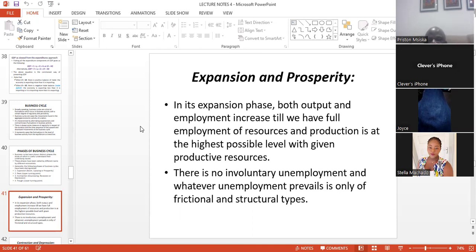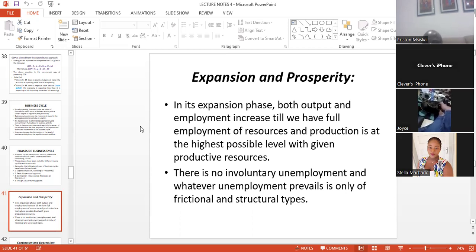Sometimes it happens when you are relocating, let's say, from Blantyre to Nsanje, and you are hoping to find another job there. So you leave your job and go to Nsanje. Frictional unemployment also happens because there is a gap between employing another person in a company.